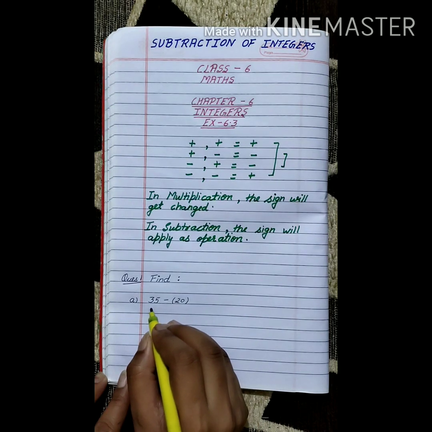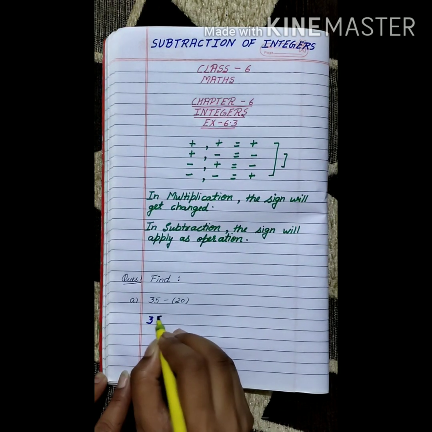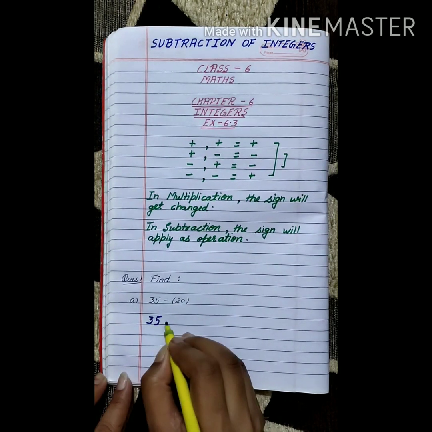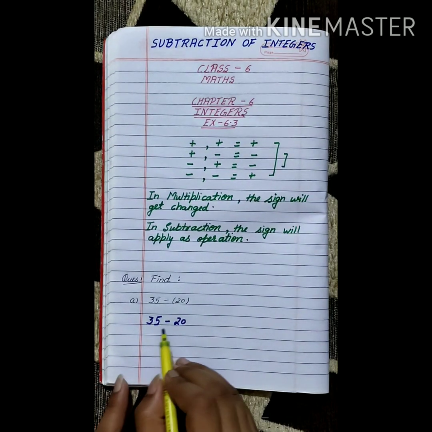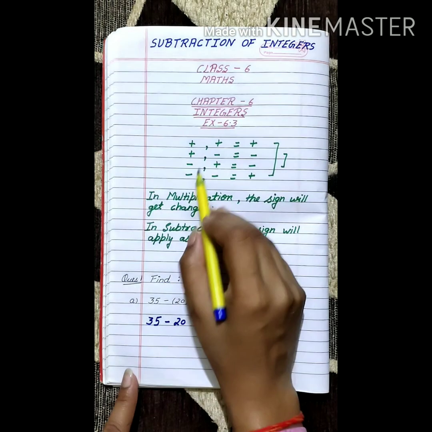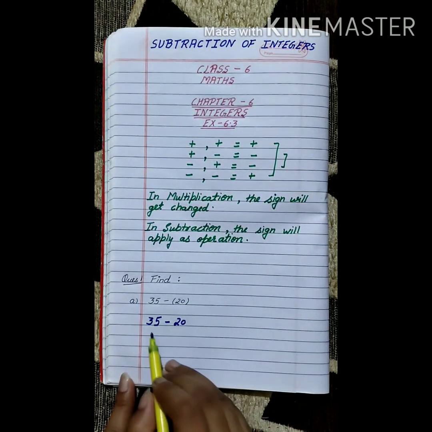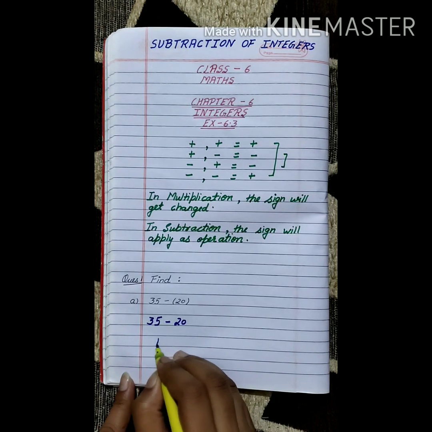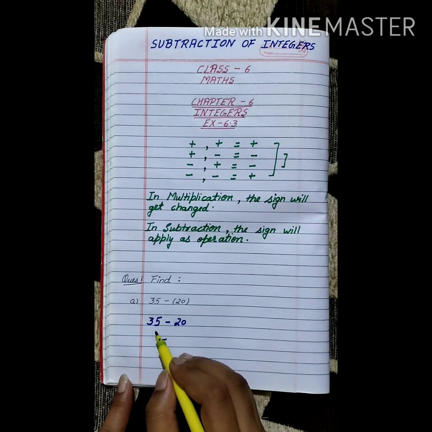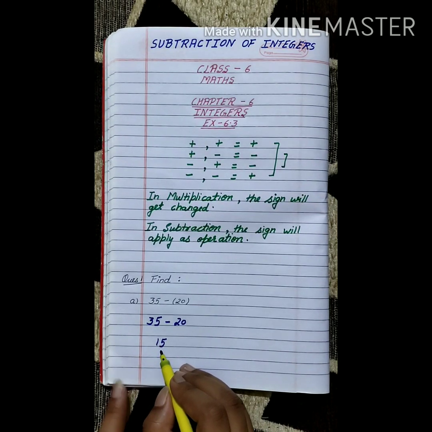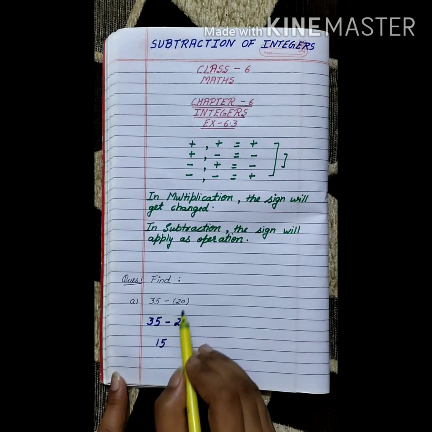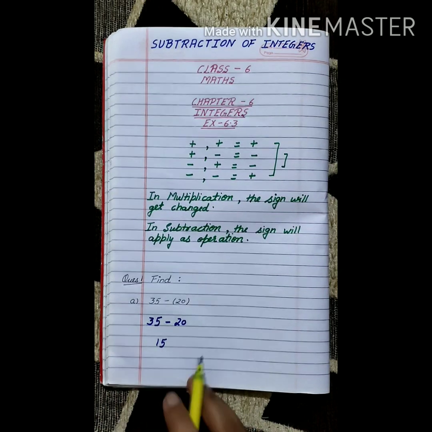So it will become 35 minus plus minus 20. Now we have one positive integer, another negative integer, and plus minus is equals to minus. So we will subtract these two terms. 35 minus 20 is 15, and here 35 is greater and it is positive integer, so 15 is also positive integer. Therefore 35 minus 20 is equals to 15.